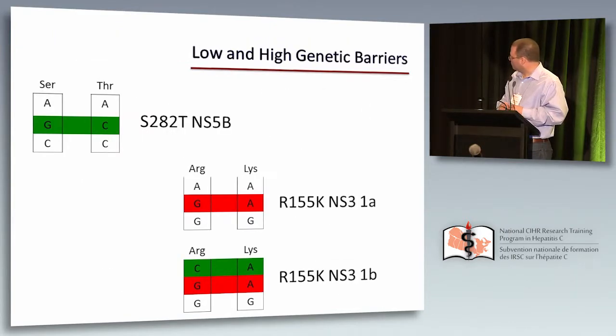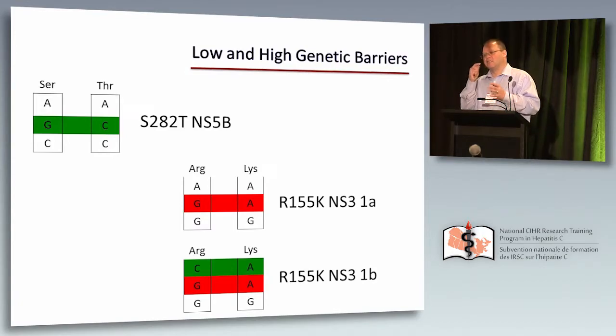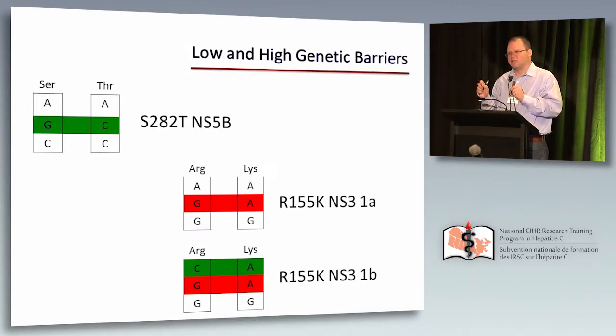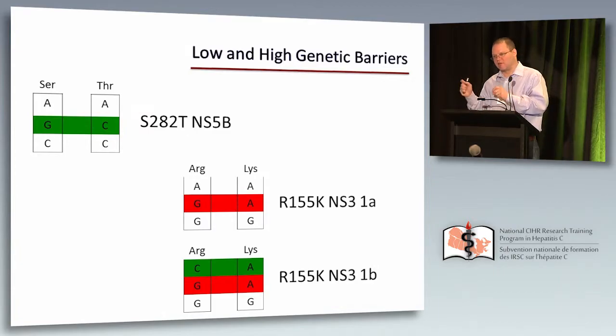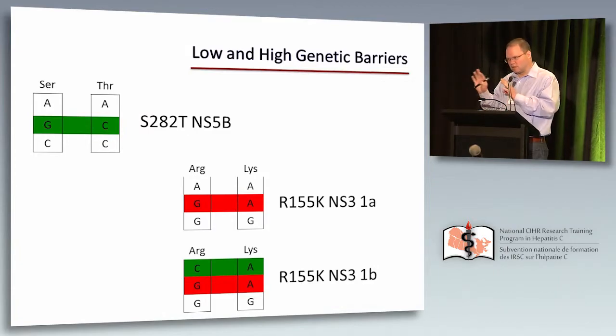What does that mean with regards to the emergence of resistance? So if you look at S282T, it requires a G to C change, and that is a purine to pyrimidine change, so that is a transversion. And we think this is one of the reasons why this mutation is hardly generated. And in that paper, we also provided biochemical data for that.